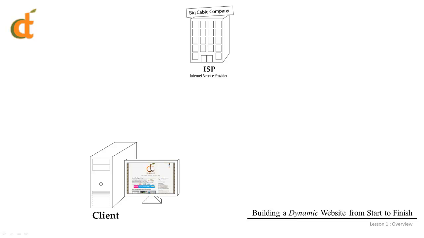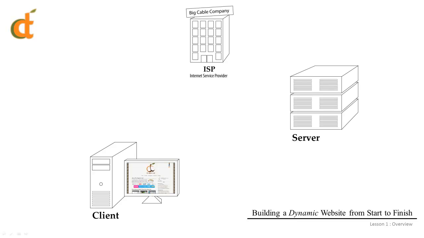We then have your ISP, or your internet service provider, whoever that is, whether it be some big cable company, your phone, cable, DSL, whatever. However you connect to the internet, whatever service allows you to take your machine, your client, and get to the internet.